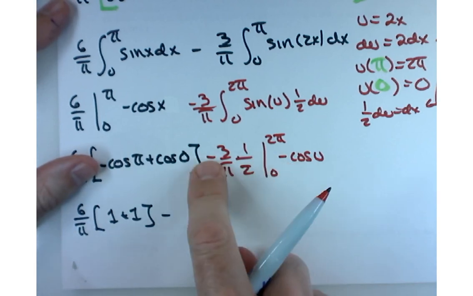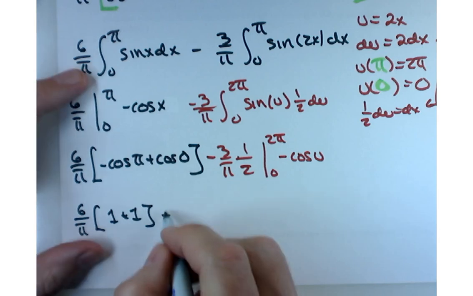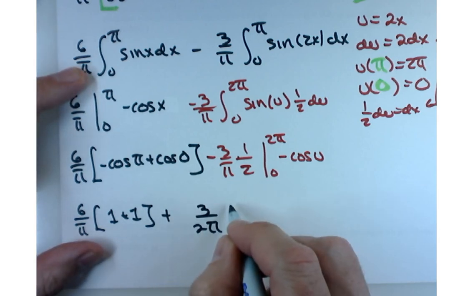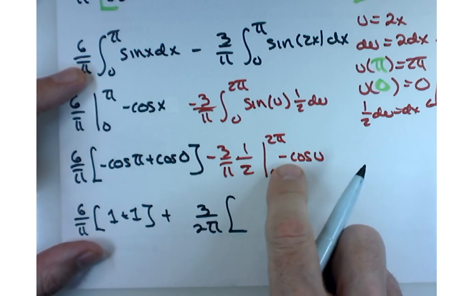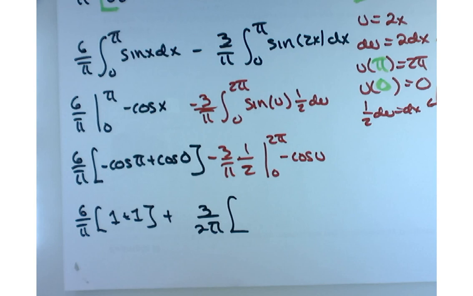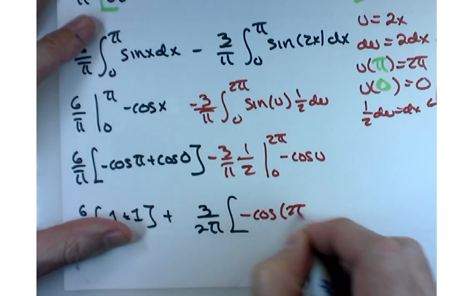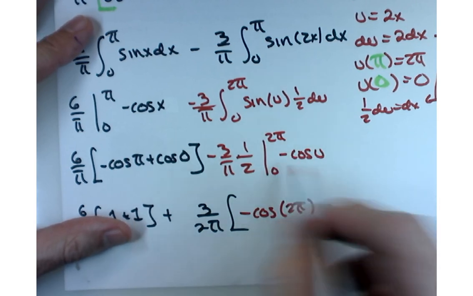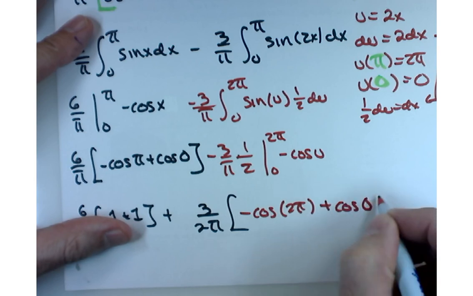The negative times a negative becomes a positive, so that's going to be a plus 3 over 2 pi times cosine, minus cosine of 2 pi, minus another minus, which becomes a plus cosine of 0.